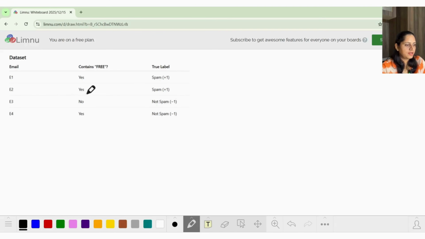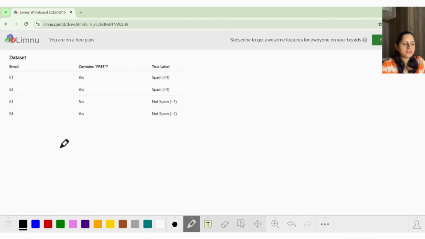In E2, it is also yes, so it's spam. In E3, it is no, so it's not spam. However, in E4, it has predicted wrong. You can see that this data point has been predicted wrong. It's a yes, but it is saying not spam, whereas it is actually a spam.